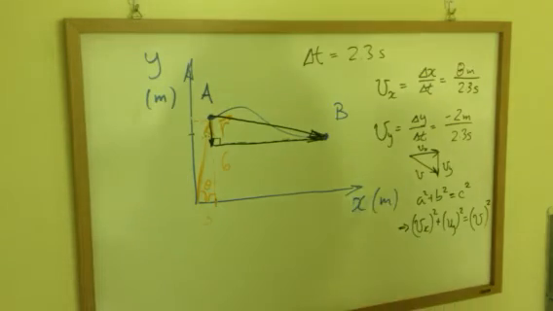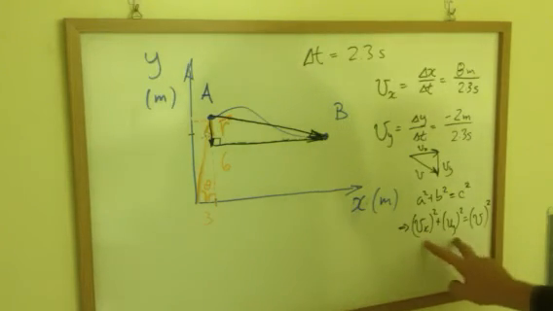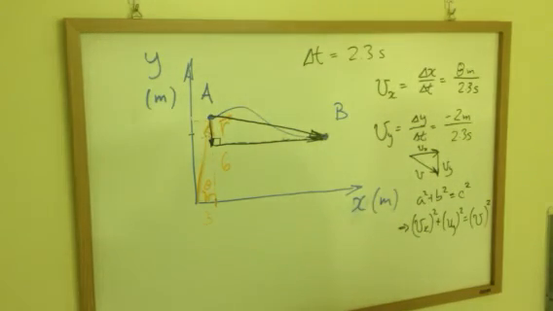That's the magnitude of the average velocity. You know both of these, you can square root both sides.